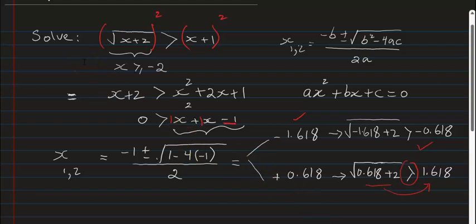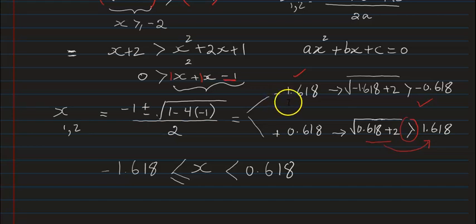This is how you write the solution in interval form for this inequality. The first solution, -1.618, actually worked. The first interval we have is x greater than or equal to -1.618.